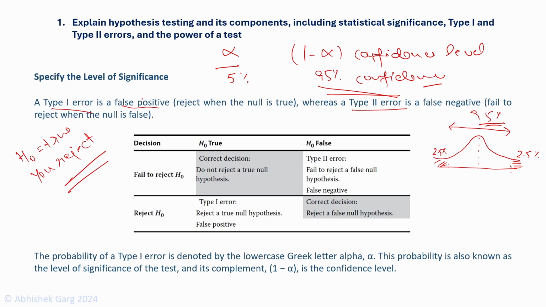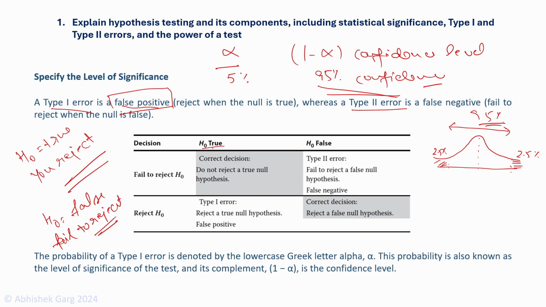So that is your type 1 error, a false positive. Then there is type 2 error. That means you fail to reject when in actuality the null hypothesis is false. So your null hypothesis is false, but you fail to reject. That means you accept that hypothesis. That is your type 2 error.